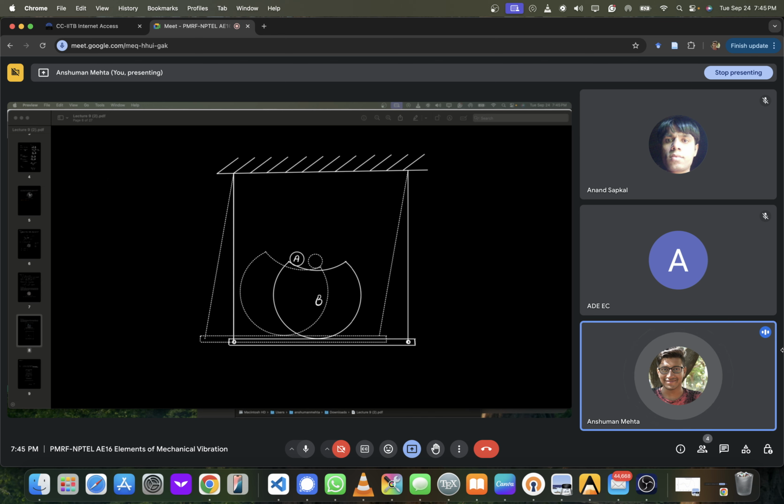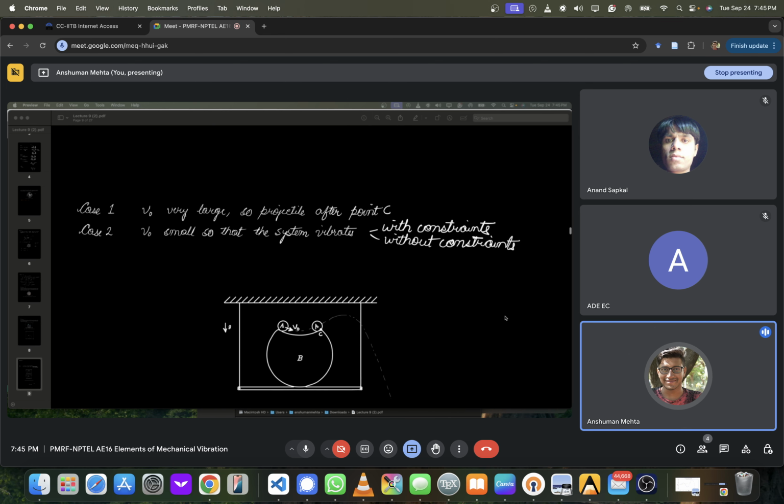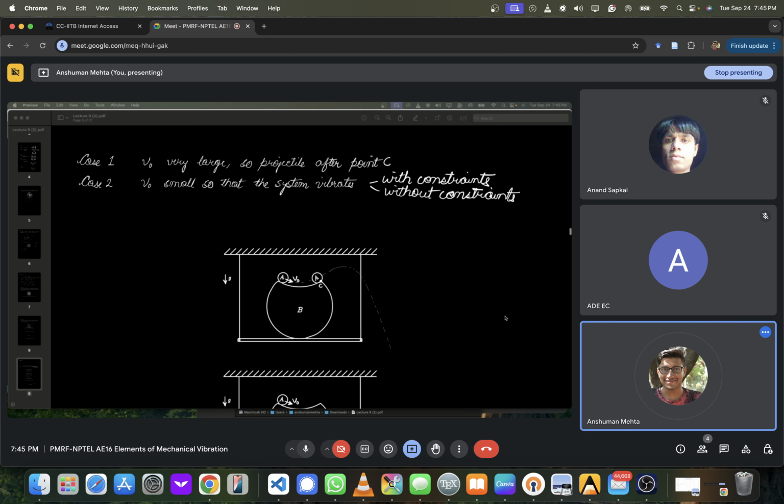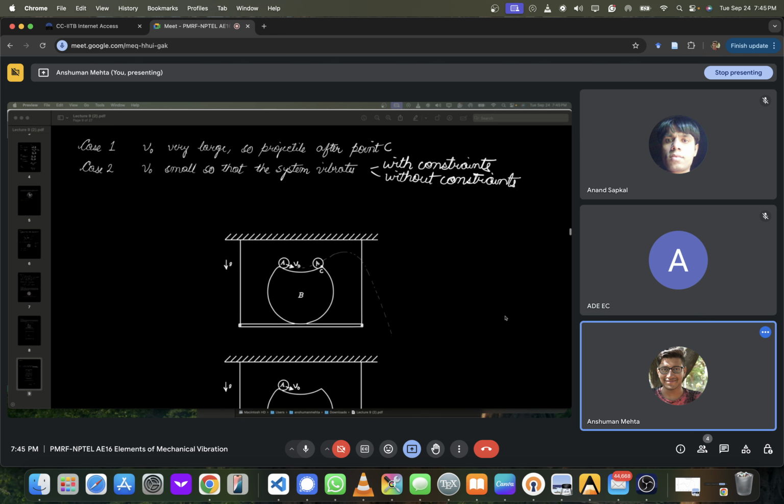So first of all, the first case will be where the velocity given to A is so high that it flings off. So it's like at this point, let's take this point as C, it releases itself into a projectile. Now there can be two things.